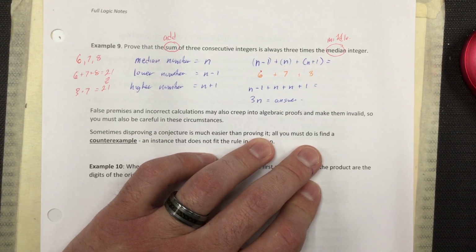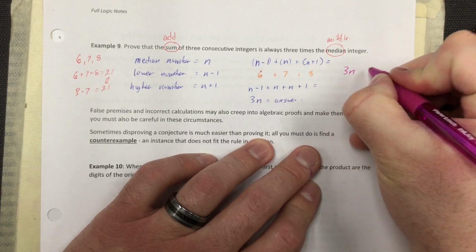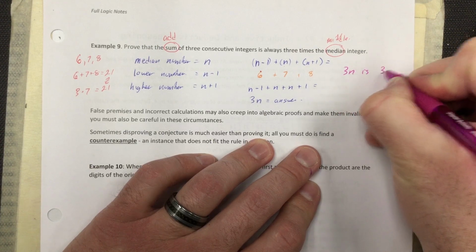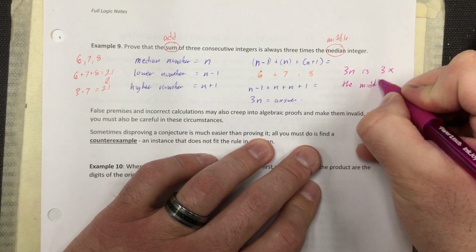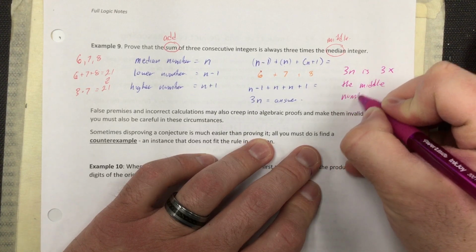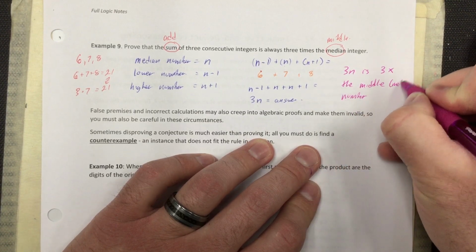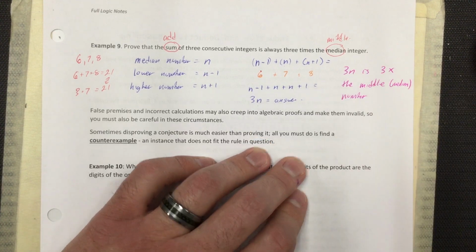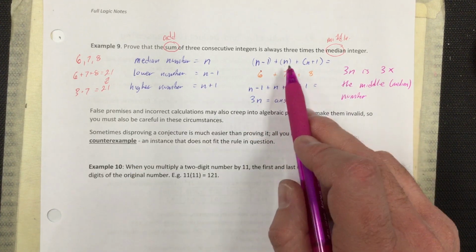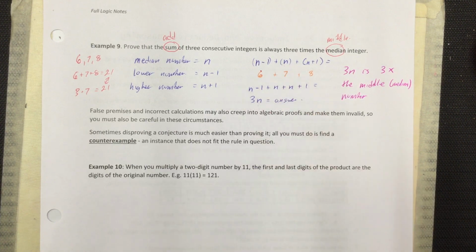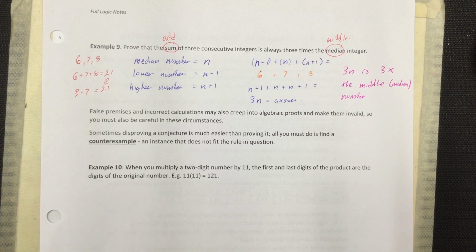So we can say that 3n is 3 times the middle number, or I should say the median number. So it's 3 times the median number, 3 times the middle one, because n was our median number. And that's what we started with.